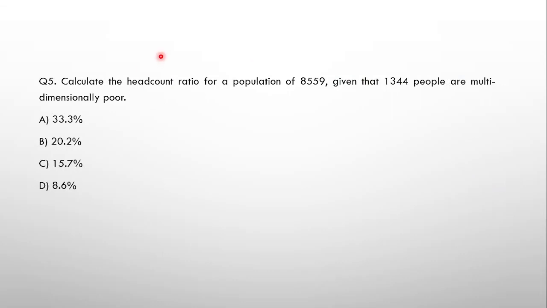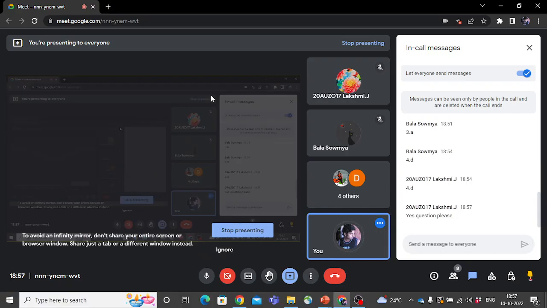So calculate the headcount ratio. The total population considered is 8559, given that 1344 people are multidimensionally poor. So what is the headcount ratio? It is nothing but the percentage of multidimensionally poor people. How many people, or what percentage of the population, is multidimensionally poor? That's all.